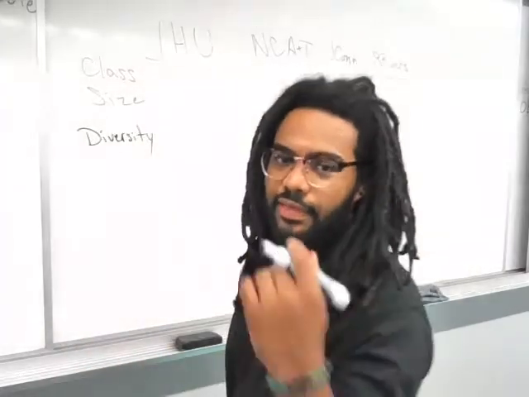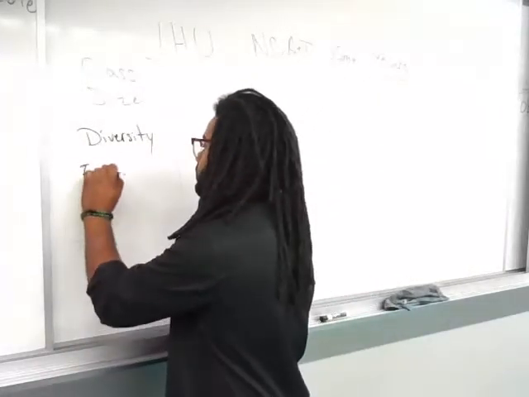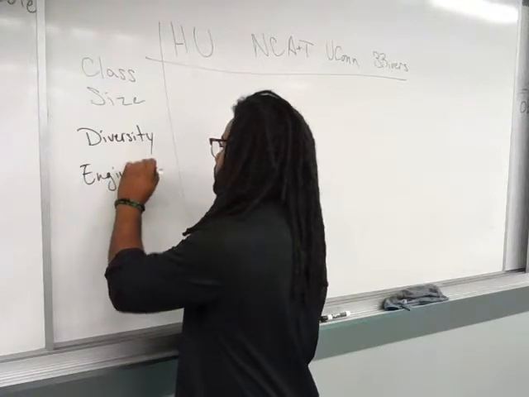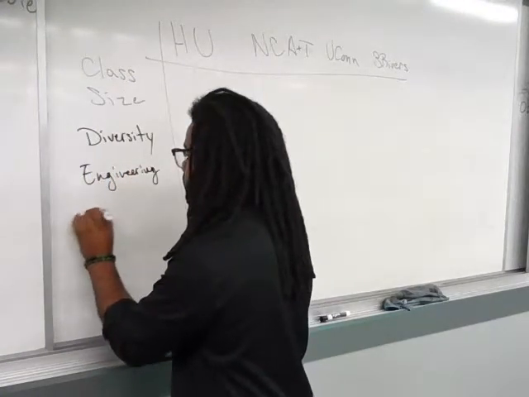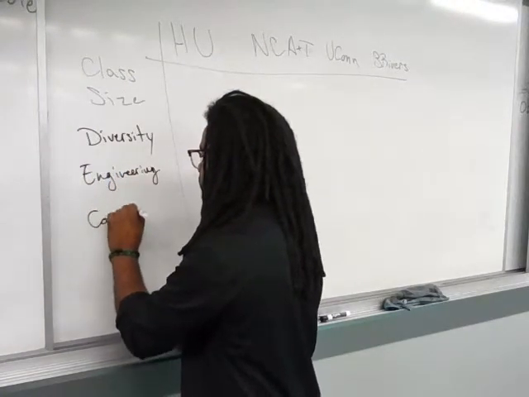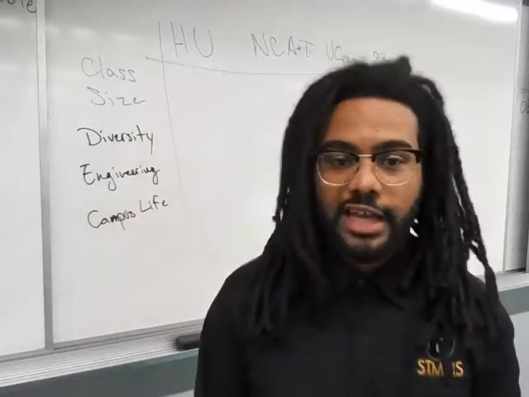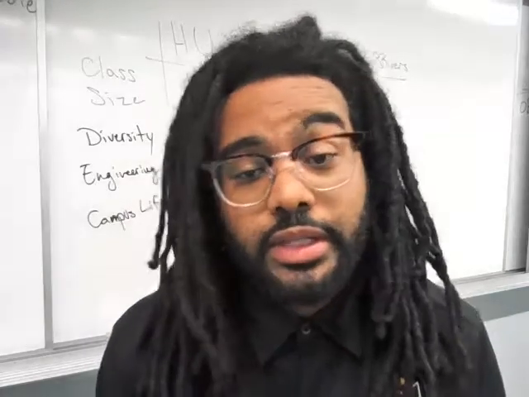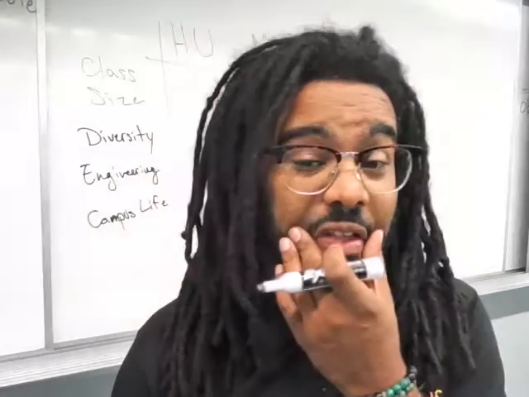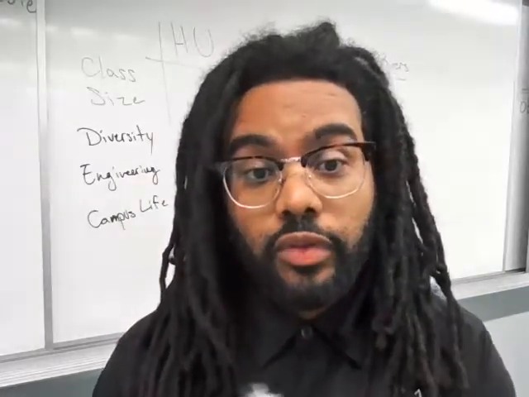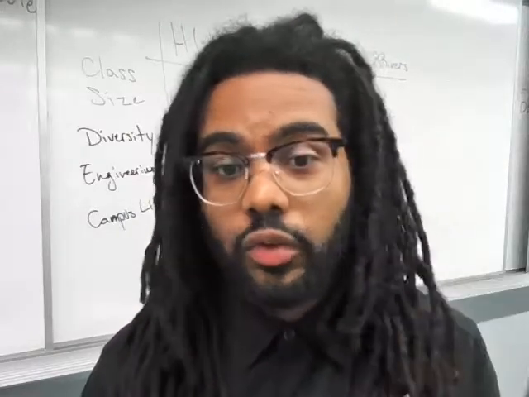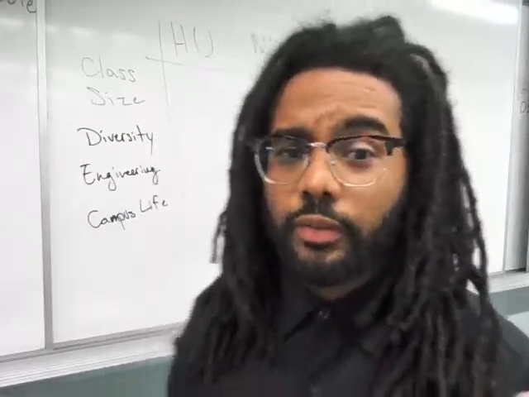Engineering program, and then looking at sports. For the sports aspect of it, really my campus life. I wanted to have a fun campus life. I knew that that was a big aspect for it. So these are just four things, real quick that I thought of, and I'm going to score them, right?